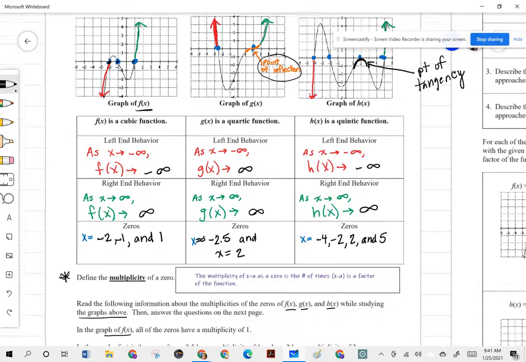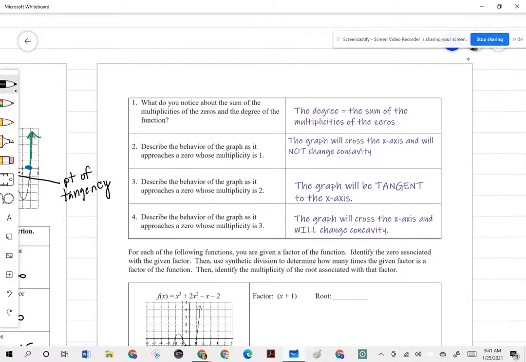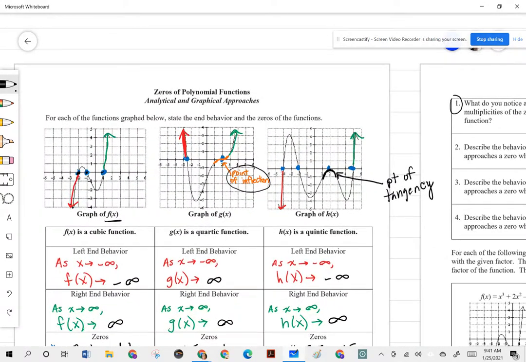All right, so now let's take a look at the questions over here. Number 1, what do you notice about the sum of the multiplicities of the zeros and the degree of the function? So let's take a look. We could take a look back here at the graph. Now we don't know the specific graph, but we've got 3 zeros here.